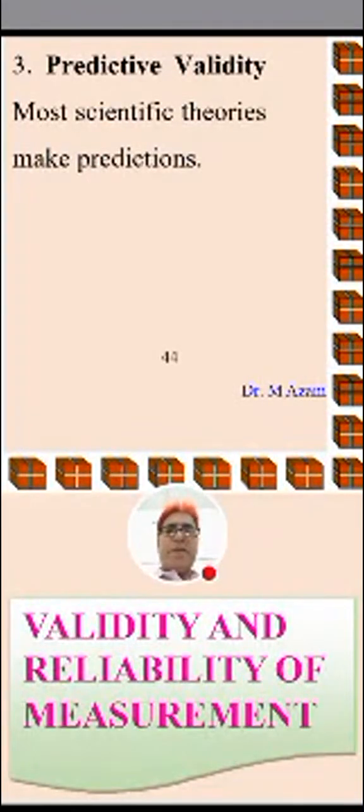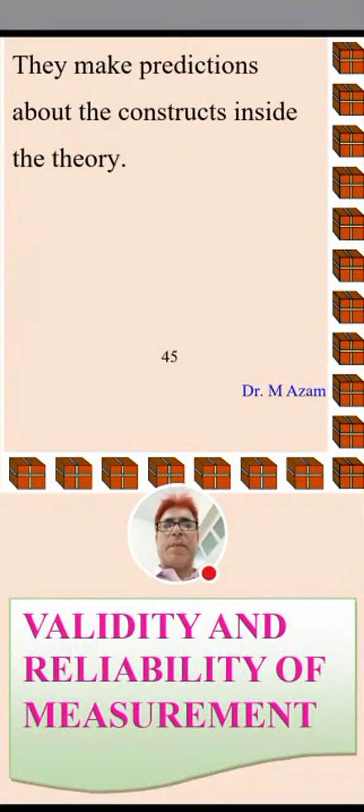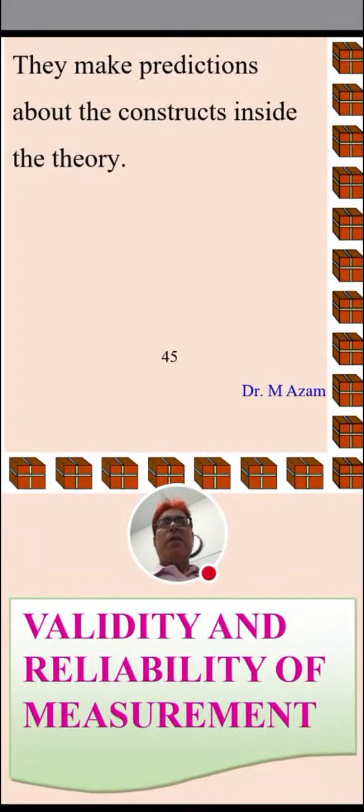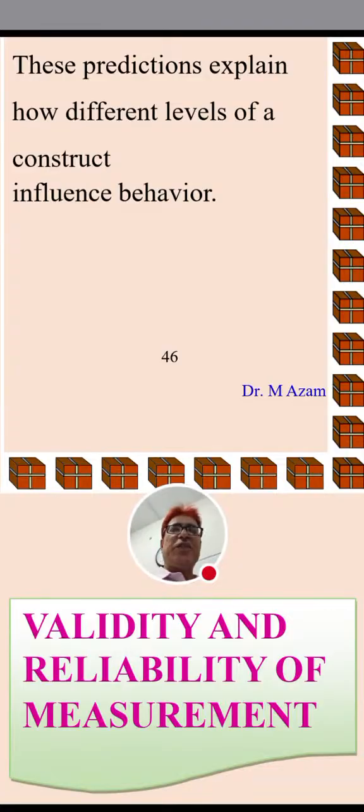Number three, predictive validity. Most scientific theories make predictions. They make predictions about the constructs, about the ideas inside the theory. We have discussed constructs in the last class.